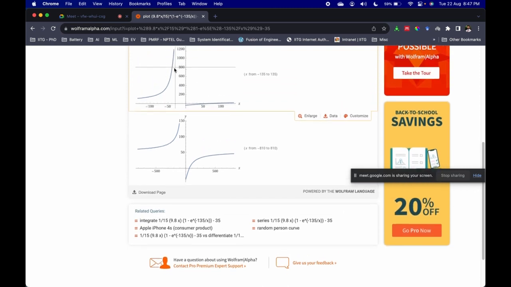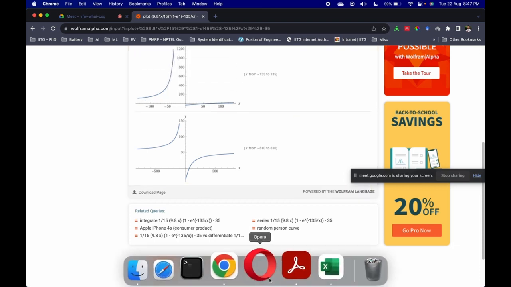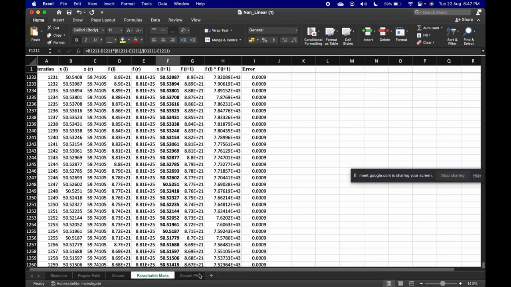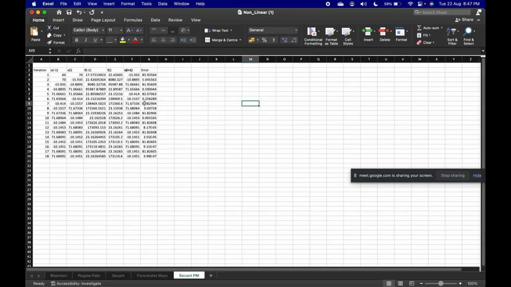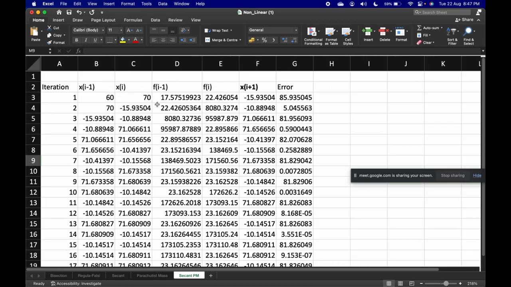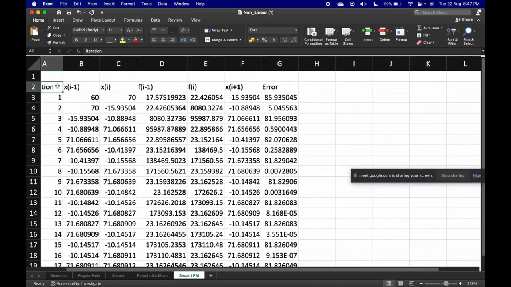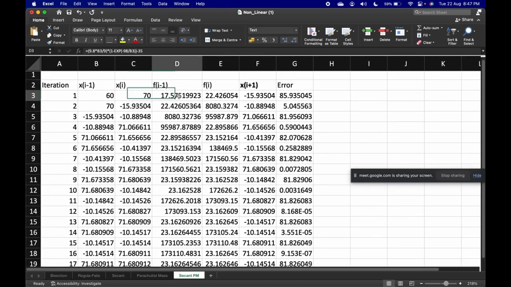But the secant method, because this function is also there, what will it do? If it goes near these points, it can tell you that the solution can never be found, or it will go to infinity. I've also written this spreadsheet in Excel for the secant method, and if you see, the error is going haphazard.